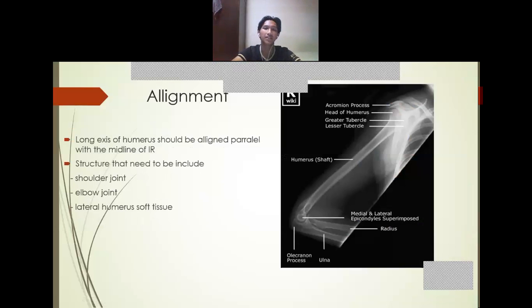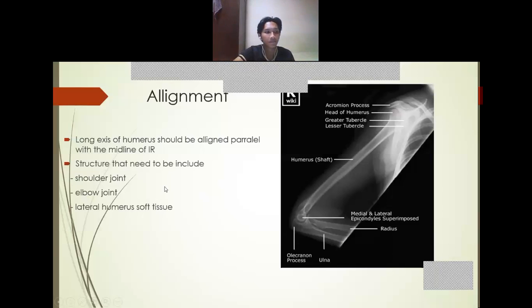The alignment explains the alignment of anatomical structure with the image receptor or table, and the structures that should be included inside the projection. The long axis of the humerus should be aligned parallel with the midline of the image receptor.